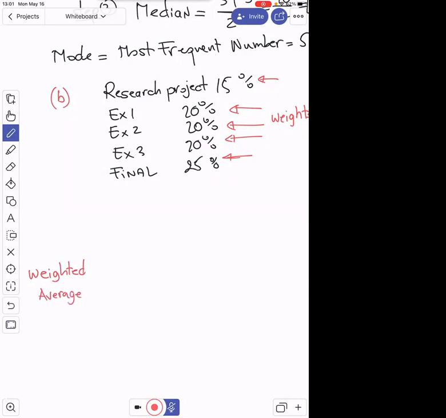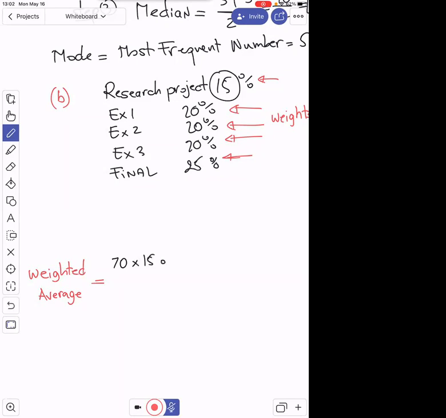So what we do is the following. We need to multiply each weight by the corresponding grade. For example, Lewis got 70 points on the project, right? So his grade on the project is 70 points. We multiply the 70 by the weight of the research project, which is 15%.